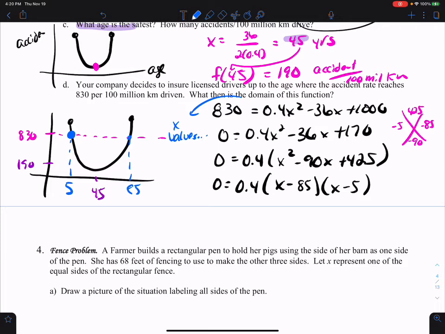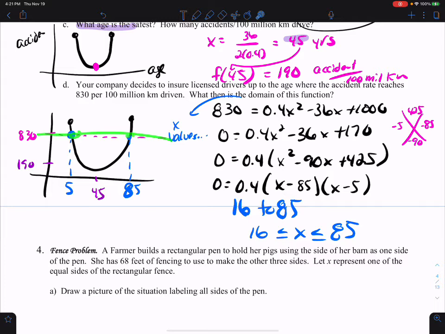The only numbers that we'd want to plug in for x would be between 5 and 85. But x is an age, and there's no way our company is going to insure a 5-year-old. I have to be 16 to be insured anyway, and 16-year-olds are somewhere down here, so they're under that threshold. So anywhere between 16 and 85 would be an appropriate domain for this function, because those are the ages that would guarantee you're under that limit.